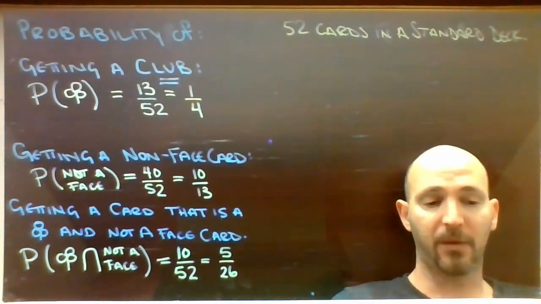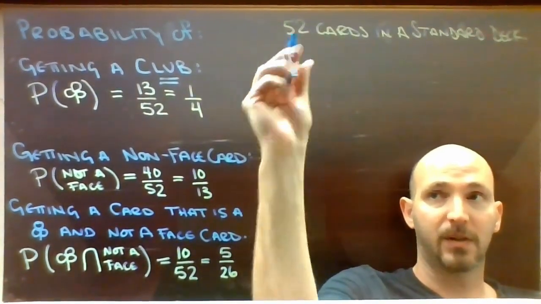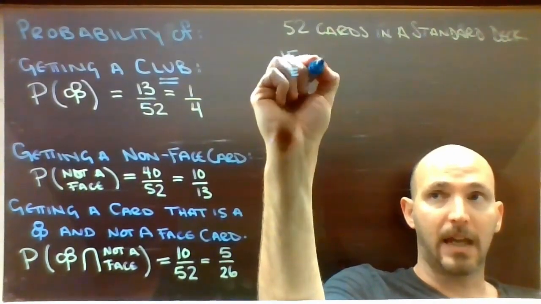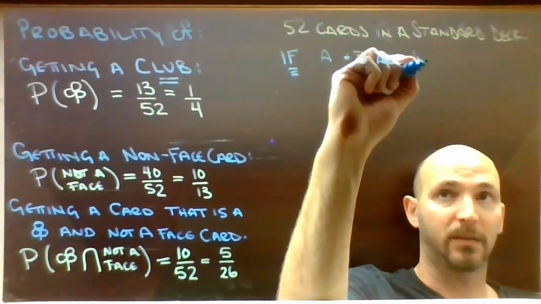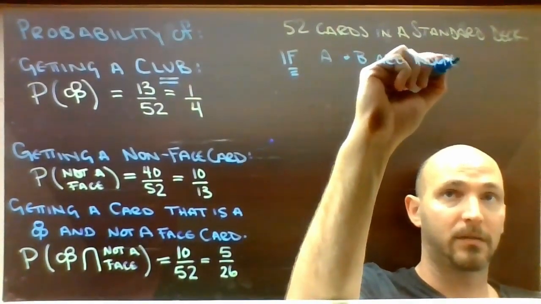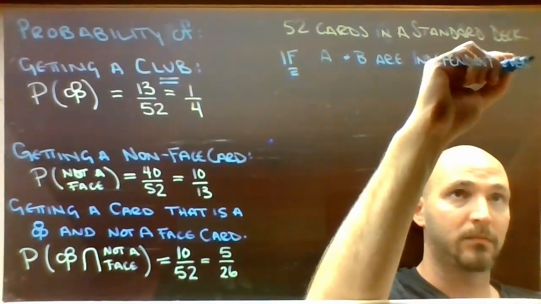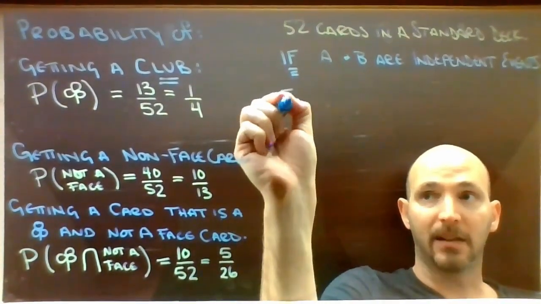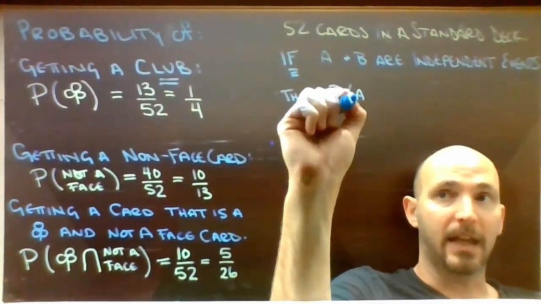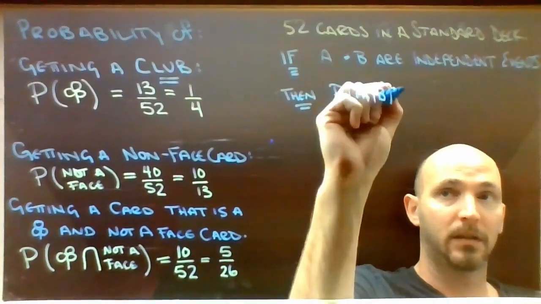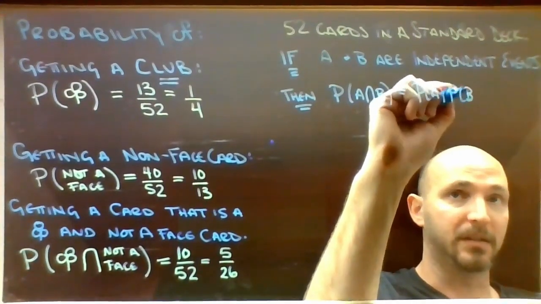So the way the theory works is that if, and let me underscore this word, A and B are independent events, then the probability of A and B is the probability of A happening multiplied by the probability of B happening.